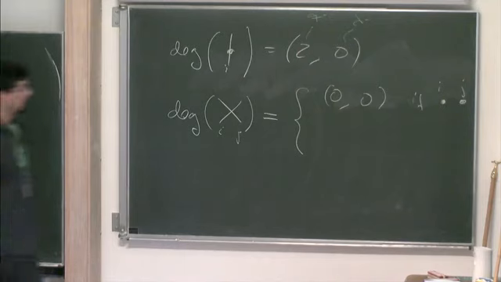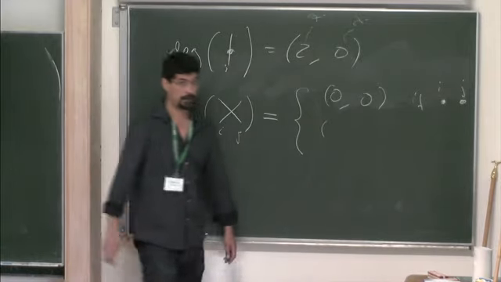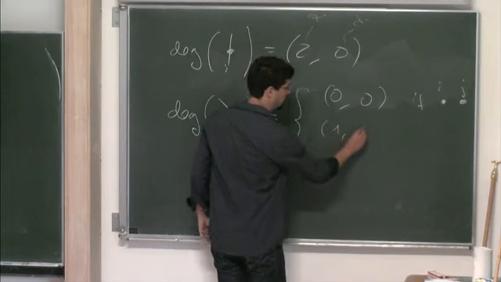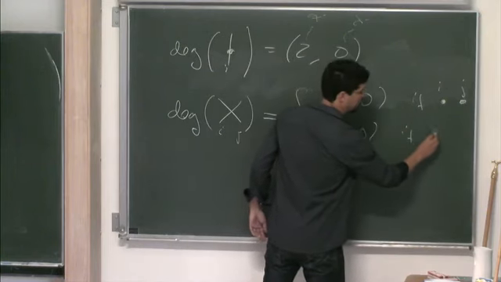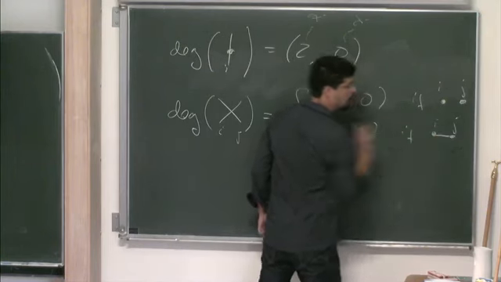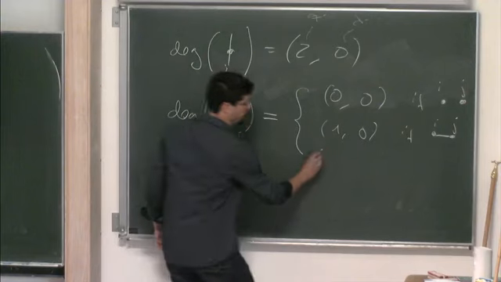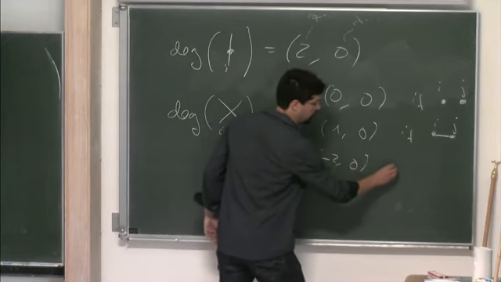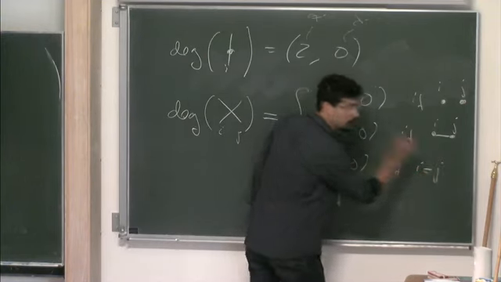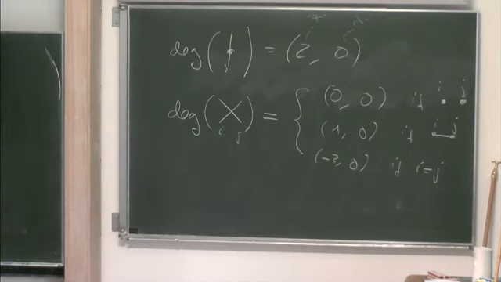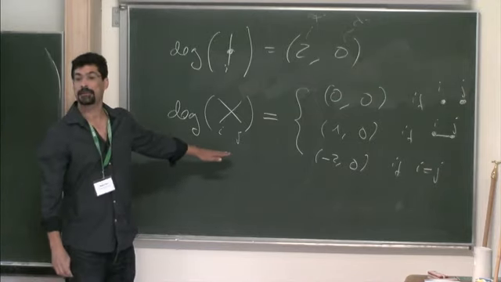As usual, it's 1, 0 if ij is formed, and it's -2, 0 if i equals j. So we don't do anything to the KLR generators. So the grading is extended trivially.